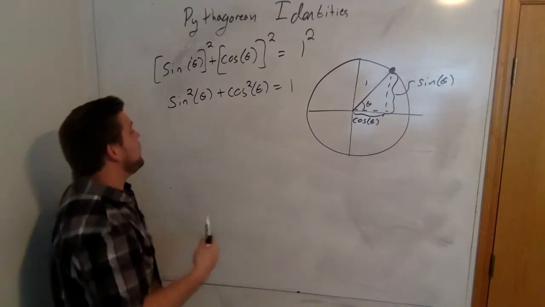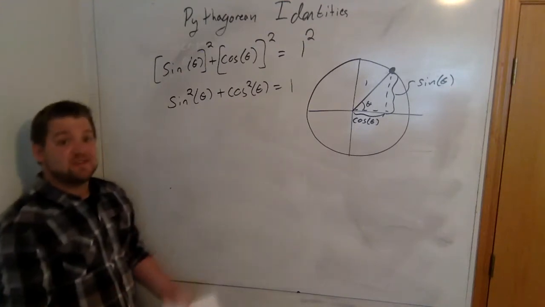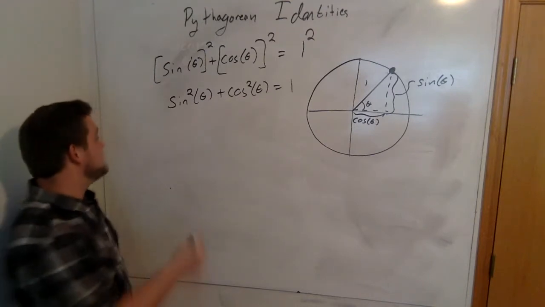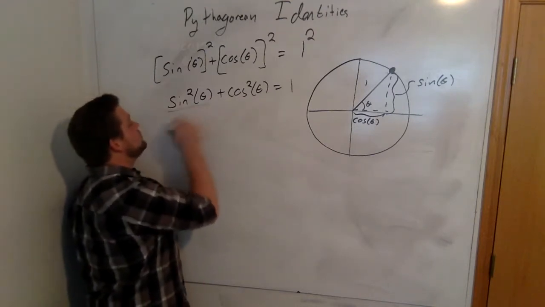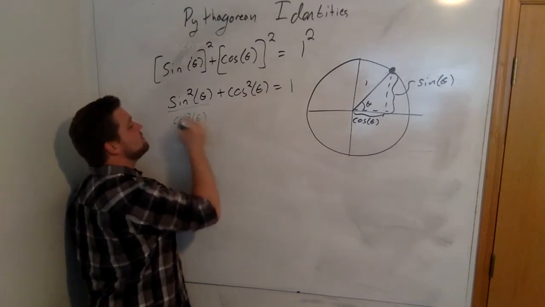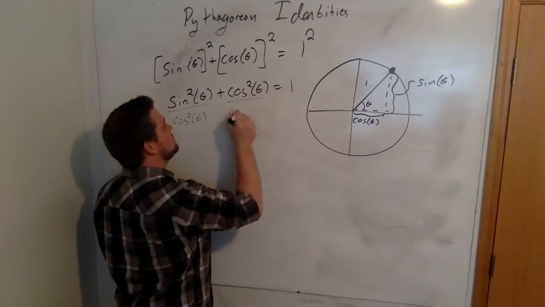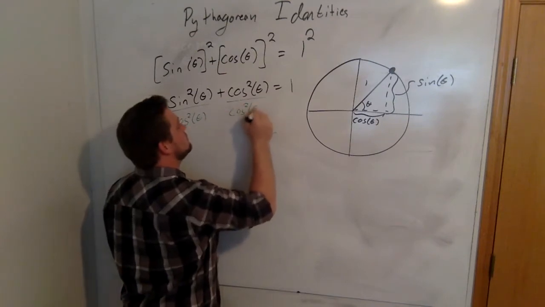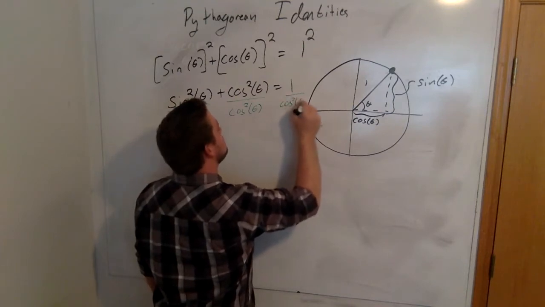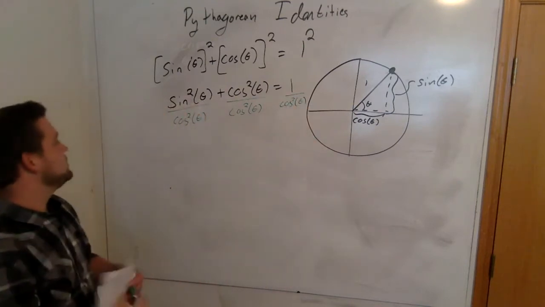Okay, what would we like? Well, I would really like, let's say, for tangent to show up. But I remember that tangent is the same as sine over cosine. So how about we divide everything by cosine squared of theta. Here I'm just dividing both sides by cosine squared of theta, same thing as dividing all the pieces. Okay, well, let's think what we have here.